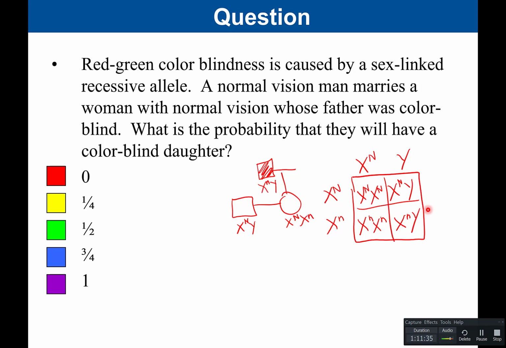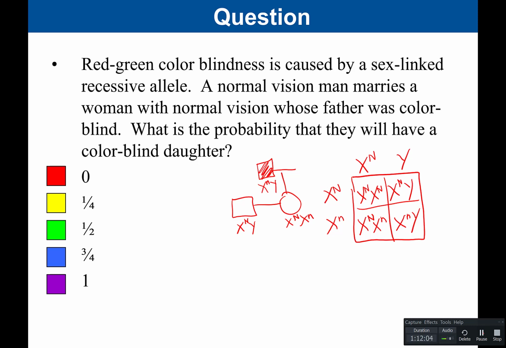So what is the probability that they will have a colorblind daughter? That should be a big N. So they have a 0% or no possibility of having a colorblind daughter, right? Because here are the girls, none of them are colorblind. Now, the next question says, what is the probability that they will have a colorblind son?